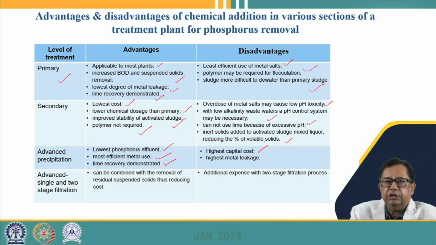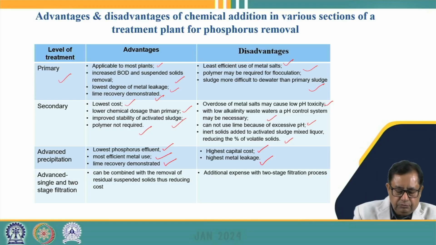But it may increase the capital cost, because we may require further installations for the removal and settling of the precipitates, right? For example, settling tanks. We may also require filters after this process. And similarly, this process may also lead to the highest metal leakage, as we are adding the metal salts at the later stages.